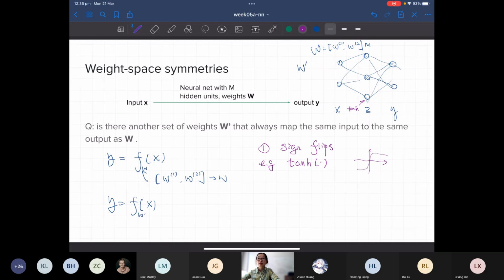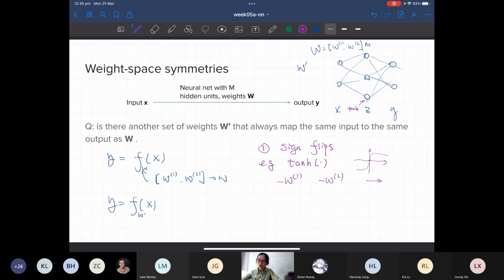So if we flip the sign of every single weight in the input, so if we flip the sign of weights in layer 1, and we also flip the signs of weights in layer 2, or subsets of layer 1 and layer 2 weights, then we get essentially the same function, because we have more degrees of freedom than we need.